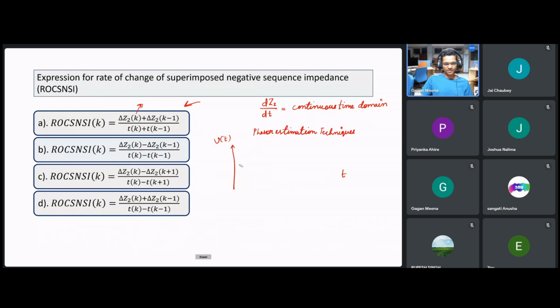This is a continuous time domain signal. What will happen if I sample it? So we'll get something like this. Let us take 4, 5, 6, 7, 8 samples. So here we have n equals 8. So 8 samples per cycle.